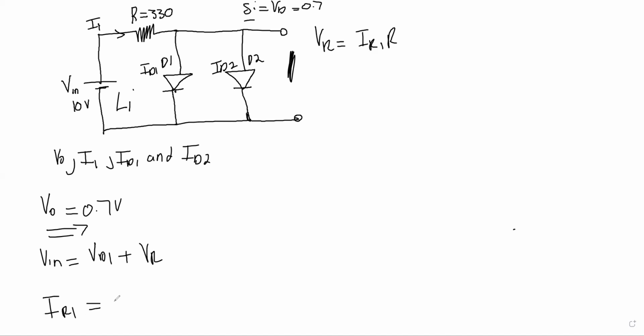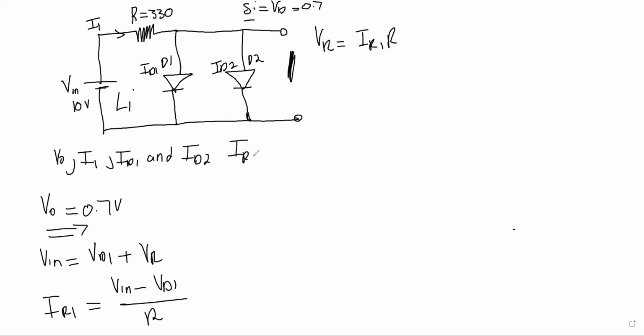The formula for I1 is V in minus VD1 divided by R. So that's the formula for IR1.